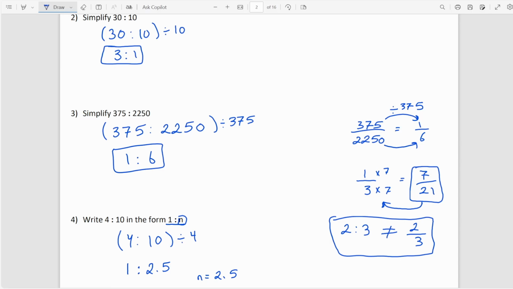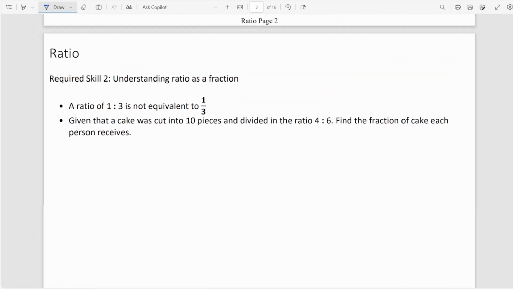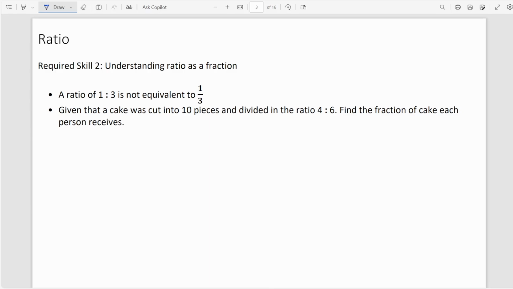We'll talk and understand more about this later, okay? Now, let's take a look at the second required skill, which is understanding ratio as a fraction, okay? So here we go. A ratio of 1 to 3 is not equivalent to 1 over 3, which is what we just explained, basically. Okay, so it's really important to understand that.